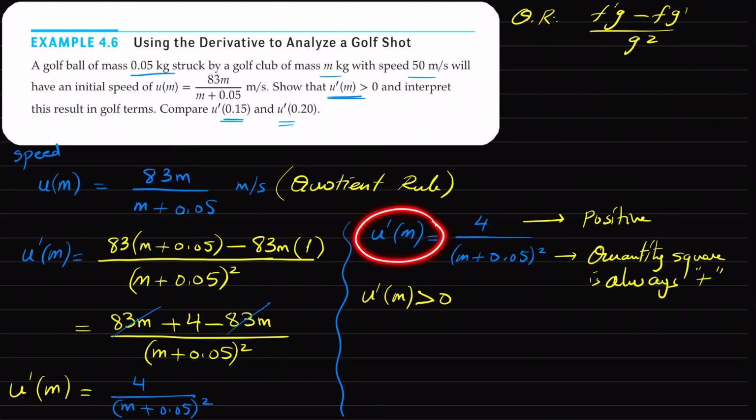Here in u prime the numerator is constant, and we have m only in the denominator.